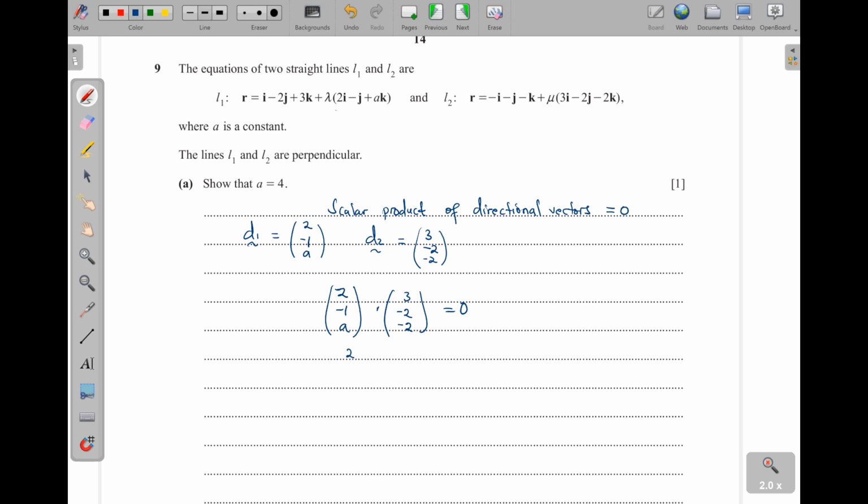So we shall have 2 times 3, then plus negative 1 times negative 2, and then plus A times negative 2. We shall equate this to 0. So this will be 6, then plus 2 minus 2A is equal to 0. So this will be 8, which is equal to 2A, and then when you divide all through by 2, A becomes 4.